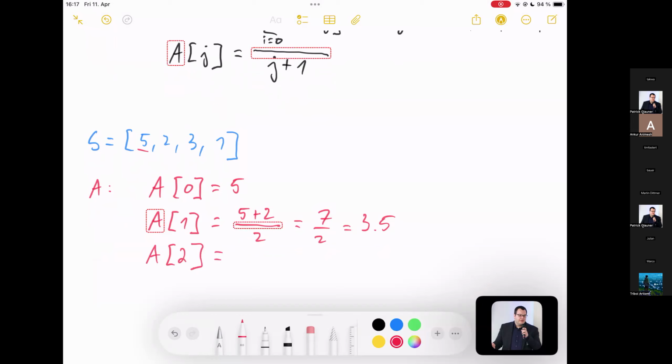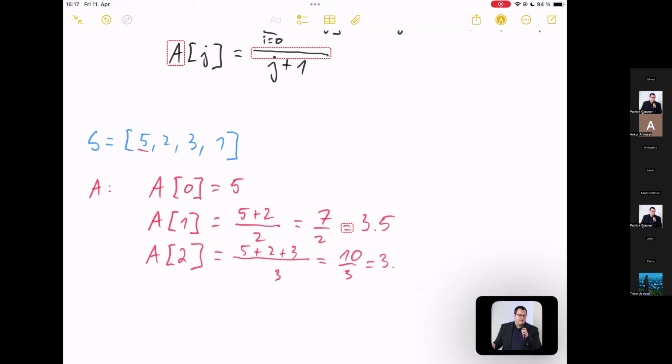What is A_2? It's 5 plus 2 plus 3 divided by 3. So it's 10 divided by 3. So it's 3.3. And so forth. So this is the prefix averages.